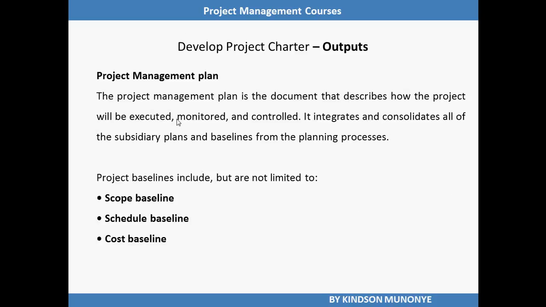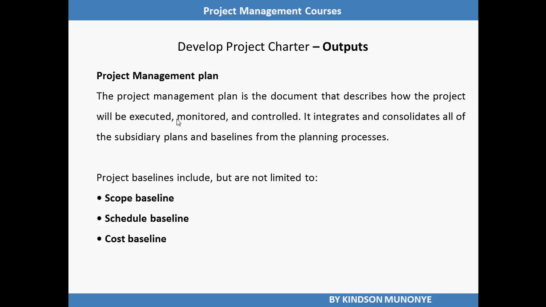This is a document that describes how the project will be executed, monitored, and controlled. It integrates and consolidates all of the subsidiary plans and baselines from the planning processes. Take note that there are 3 baselines to keep in mind, either for your exams or for your knowledge.